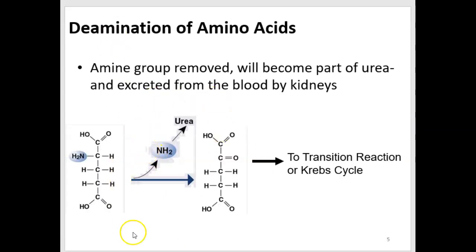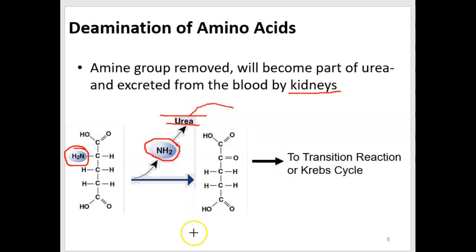So deamination will require an enzyme to break off this amine group. We aren't going to study those really, but that amine group will then enter your bloodstream, go to the kidneys, and the kidneys will filter out the urea from the blood and put it into our urine, allowing it to leave the body.